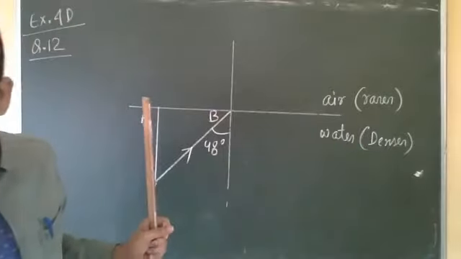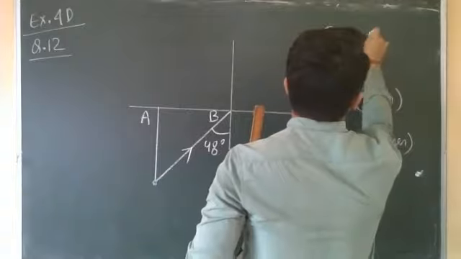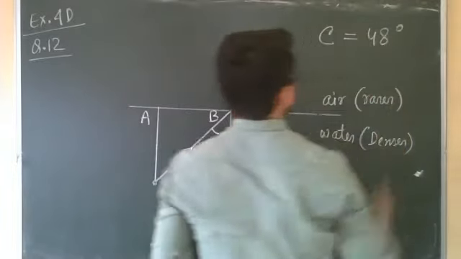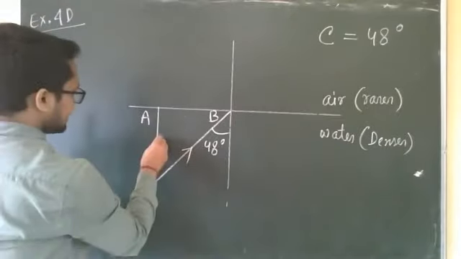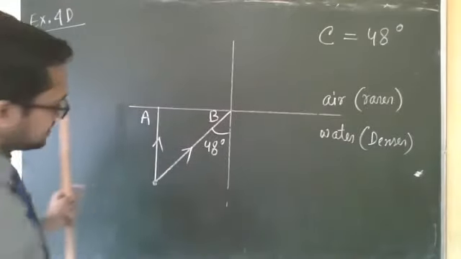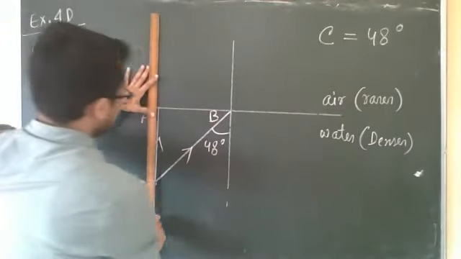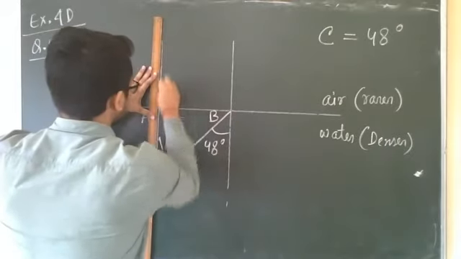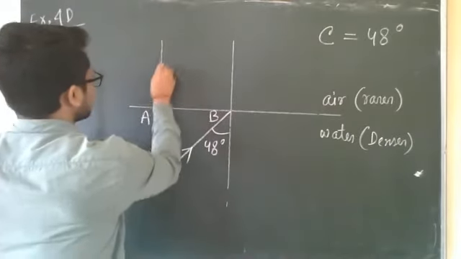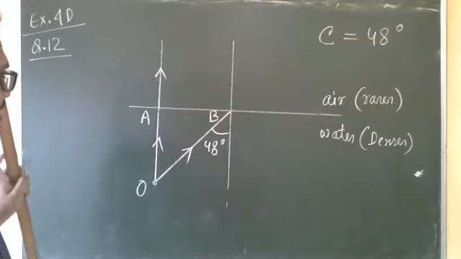We have to complete the ray diagram, and the critical angle for this water-air interface is 48 degrees. Let me name this point O. For the ray OA, it is along the normal. Along the normal means without any deviation, it will enter into the air medium. This is the refracted ray.